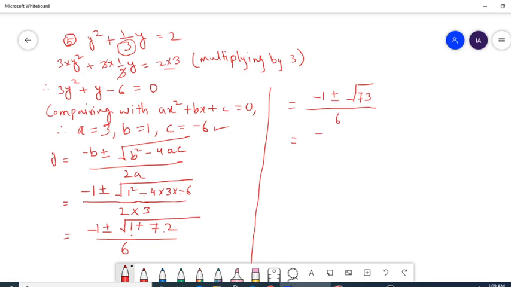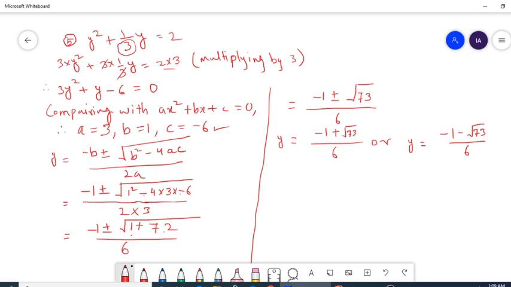Now you can say y is minus 1 plus root 73, because 73 is not a perfect square, so we cannot take 73 out of the root, upon 6, or you can say y is minus 1 minus root 73 upon 6.